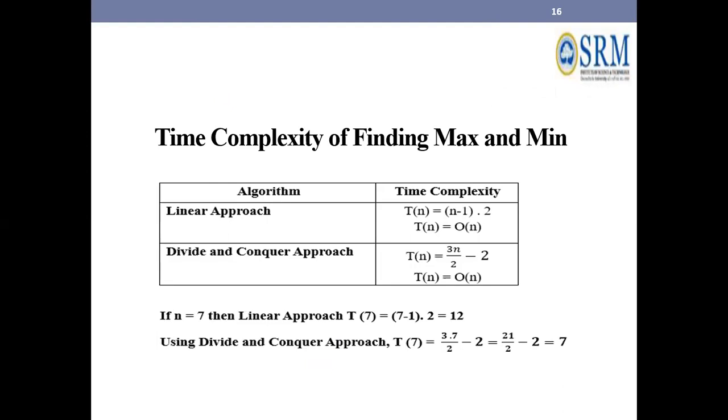So both algorithms run in order of n, but see how many comparisons differ. If n equal to 7, the linear approach is 7 minus 1, 6 into 2, 12.